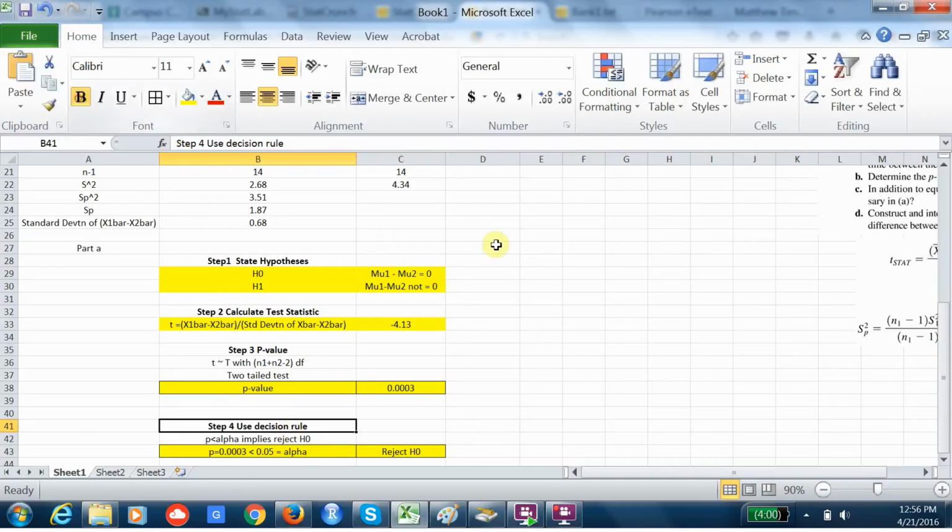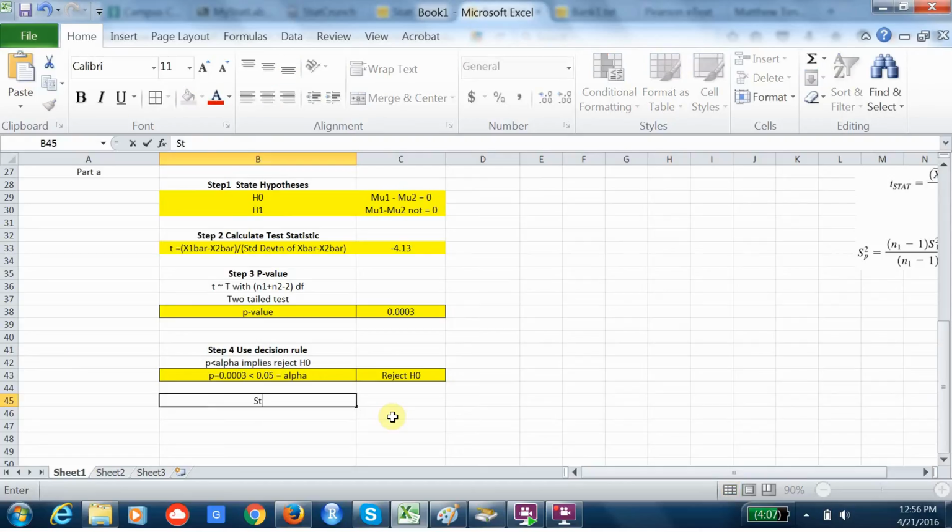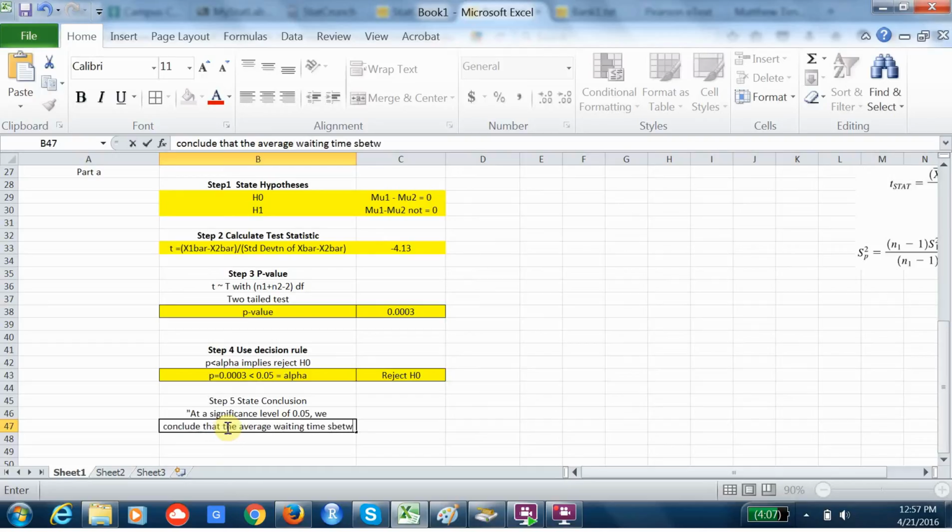So now all we have to do is state our conclusion. We would say at a significance level of 0.05, we conclude that the average waiting times between the two branches are different.